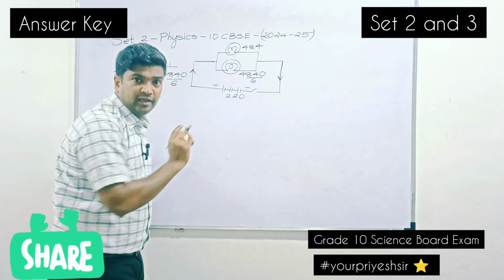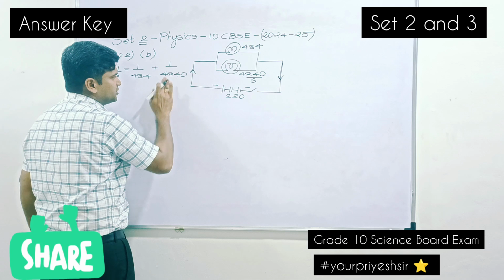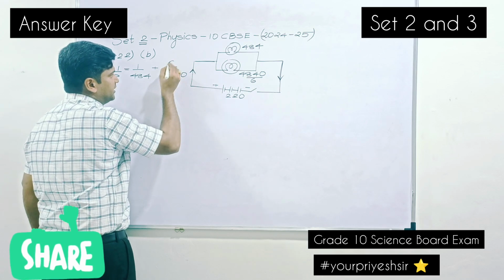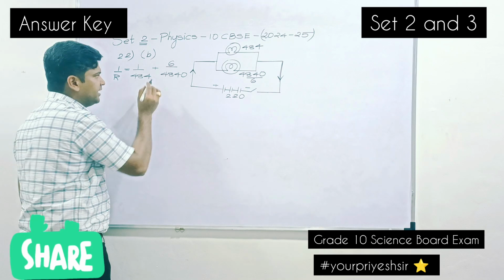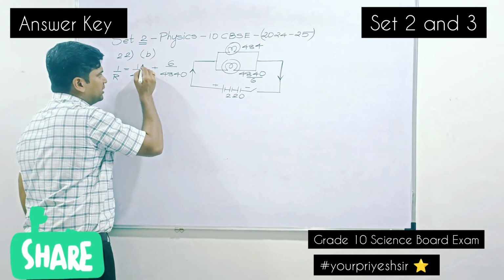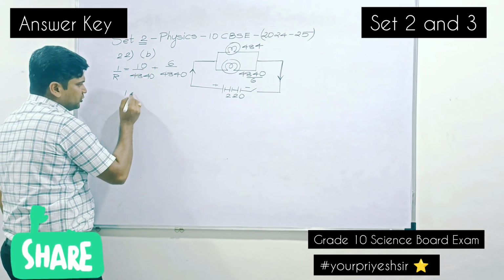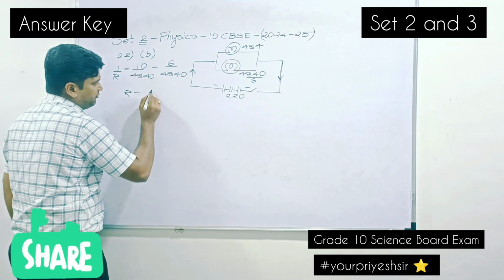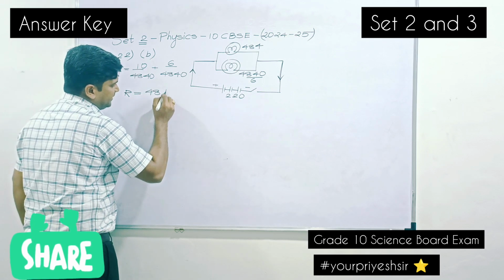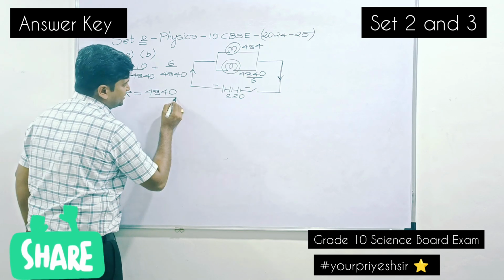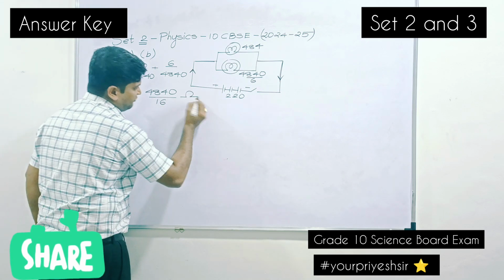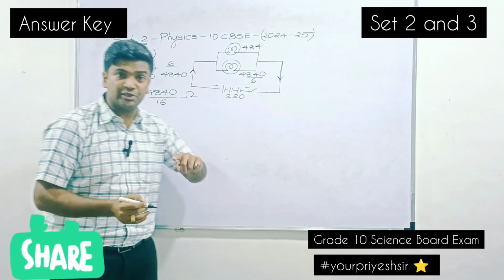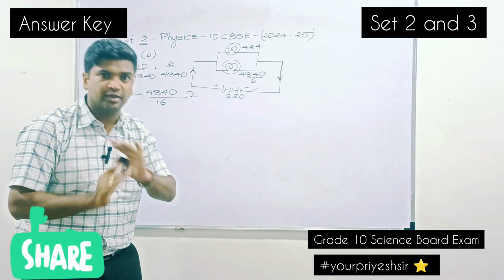Clearly you know this, beta, this 6 will go up, so I'll write 6 upon basically. Making it 4840 is so easy, I just have to put this 0 up there too, job done. So what will the answer for resistance be? 4840 will go on the bottom, 10 plus 6 is 16. So I got the effective resistance as 4840 upon 16 ohms.